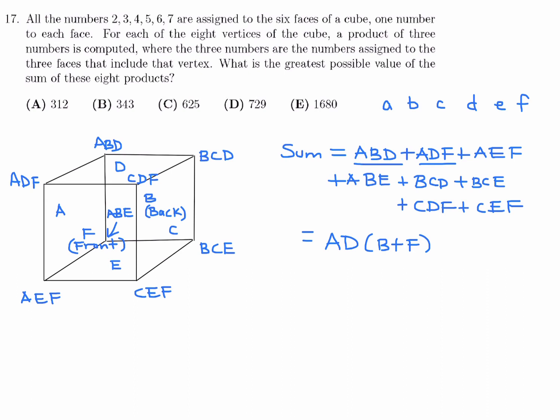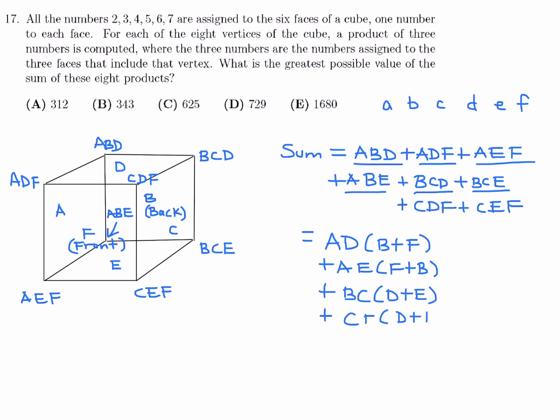All right, next one, if I factor out an AE, I get F plus B from this guy and this guy. And then factor out a BC, and I'll get D plus E from this and this. And then finally, CF will give me D plus E. And of course, I've factored those two from there.